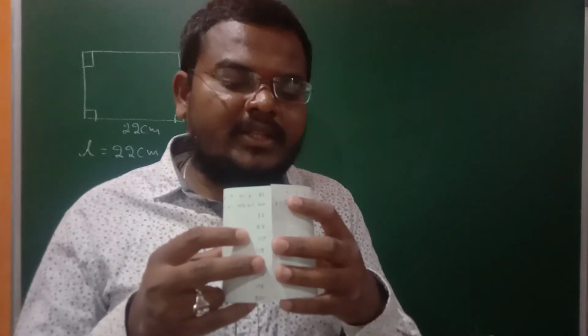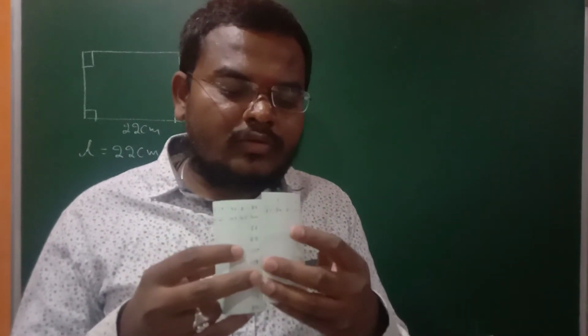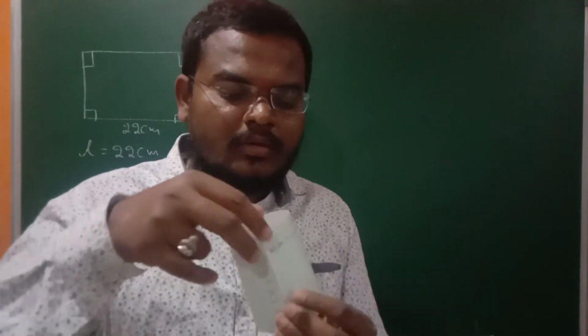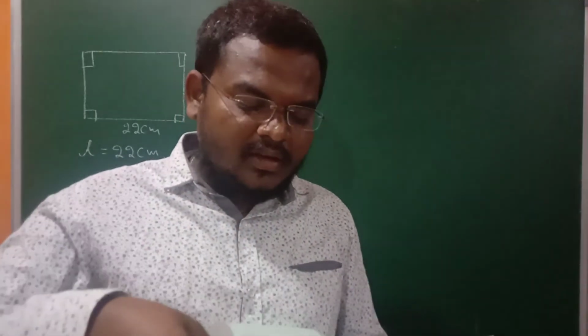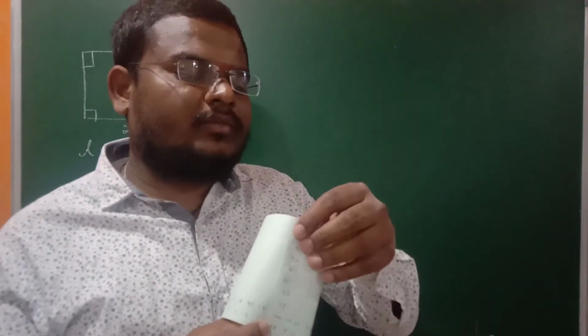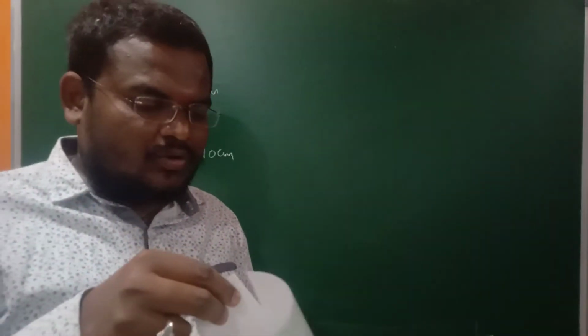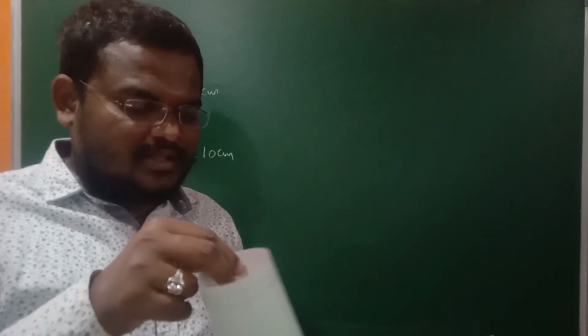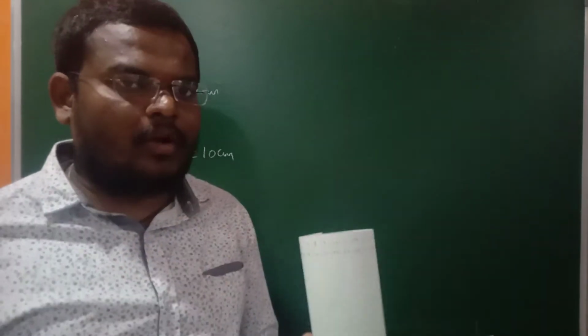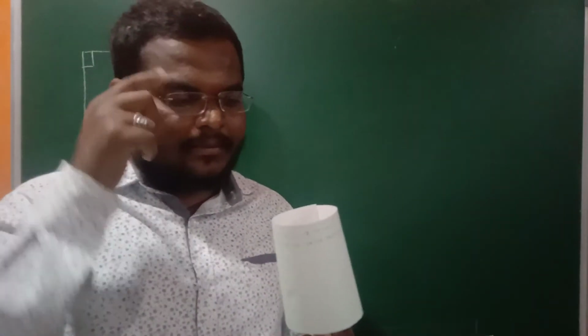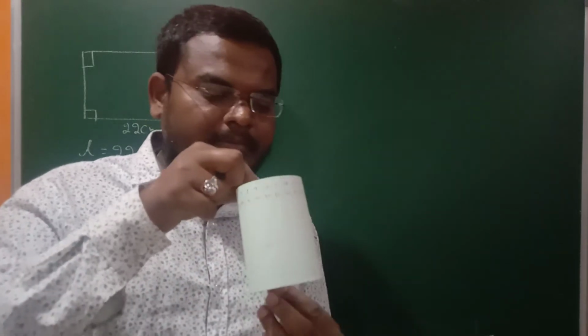You can see the breadth. By joining this one, we can see a solid figure, and this solid figure is now in the form of a cylinder, right?